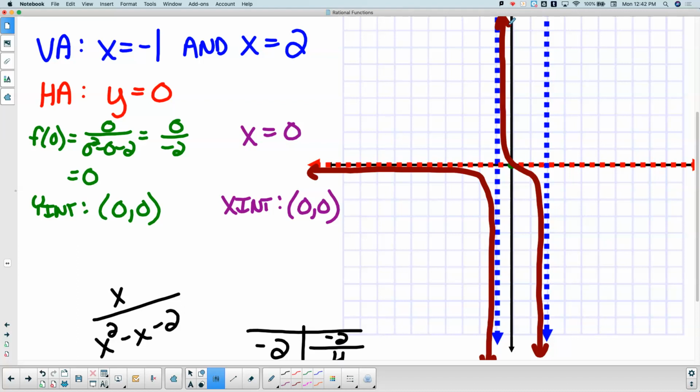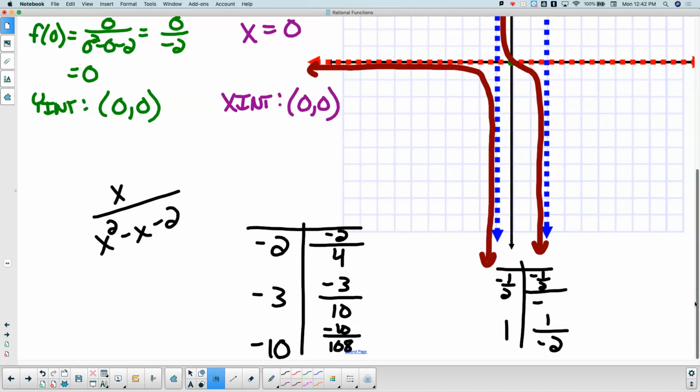Yeah. 1, 2, 3. So that's going to be 3 over 9, 6, 4. 4 is going to be 4 over 16, 12, 10. And 10 is going to be 10 over 88.